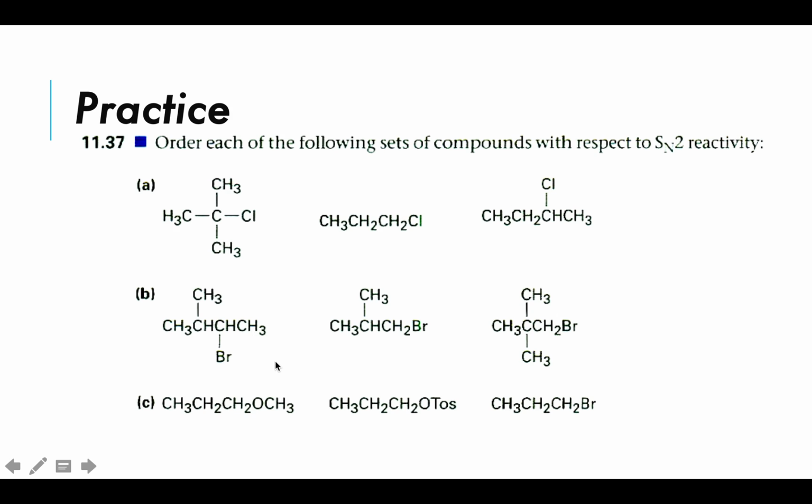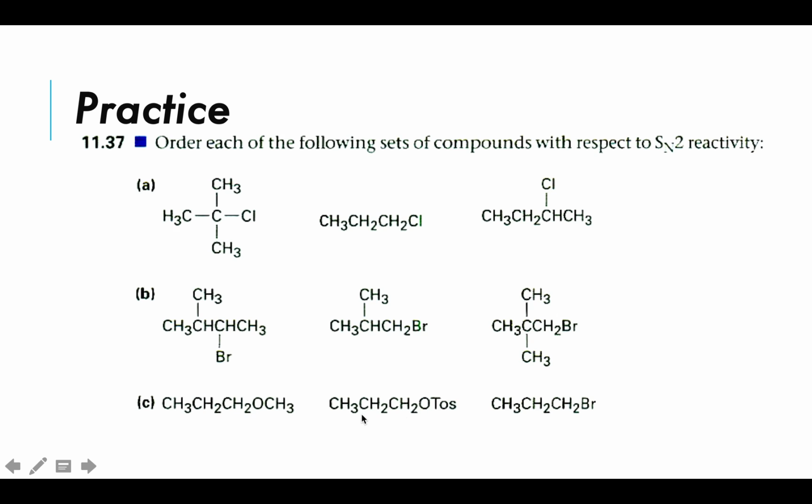Now the last, okay? I have an ether, a tosylate, and a bromide. So this will leave as a methoxide. This will leave as a tosylate. This will leave as a bromide. Again, in chemistry, we love tosylates and sulfonates and mesylates because they're amazingly good leaving groups.